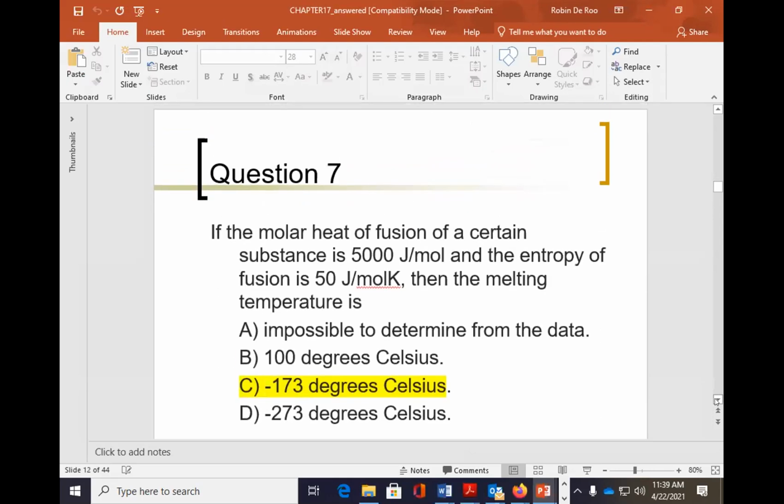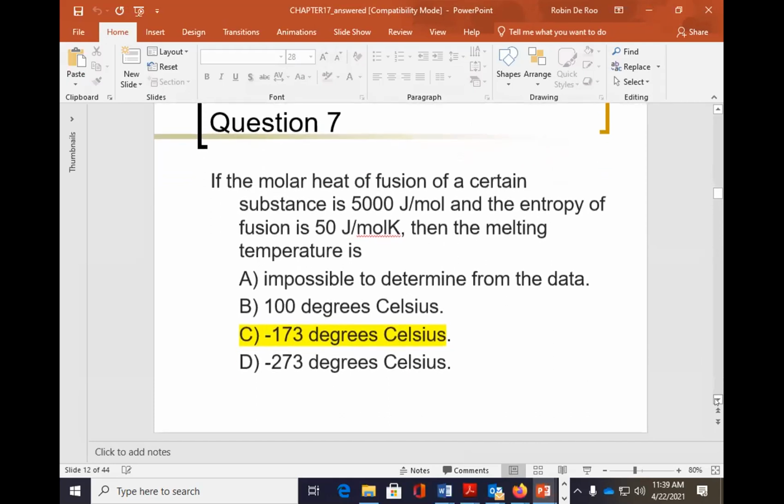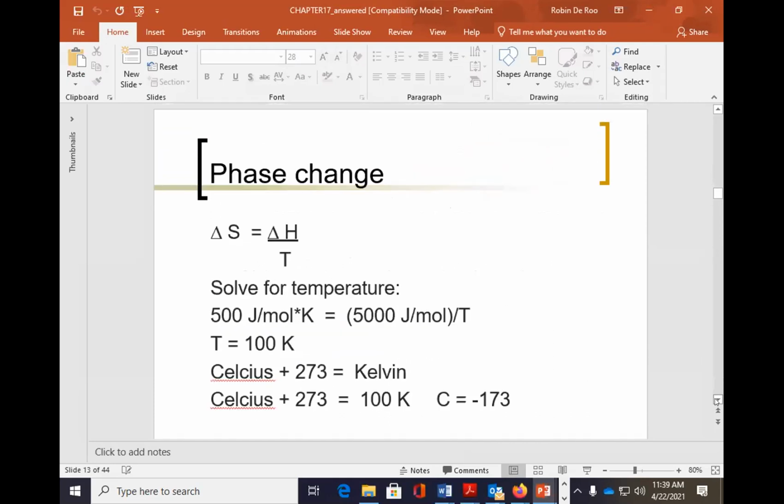He had to work this one out. Oh, look, there was an equation. I just used entropy equals enthalpy over temperature for a phase change.